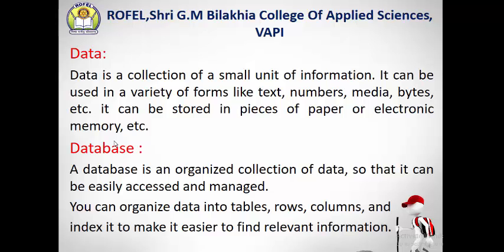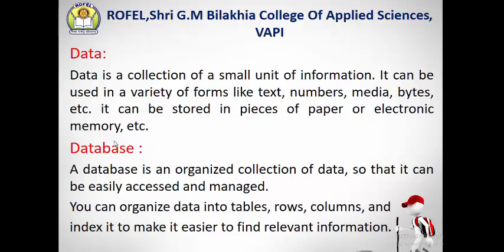Find a particular row, a particular column, and if you want specific data, you can easily identify and search that data from the database, because a database contains a number of tables and those tables contain a number of rows and columns which contain the information.